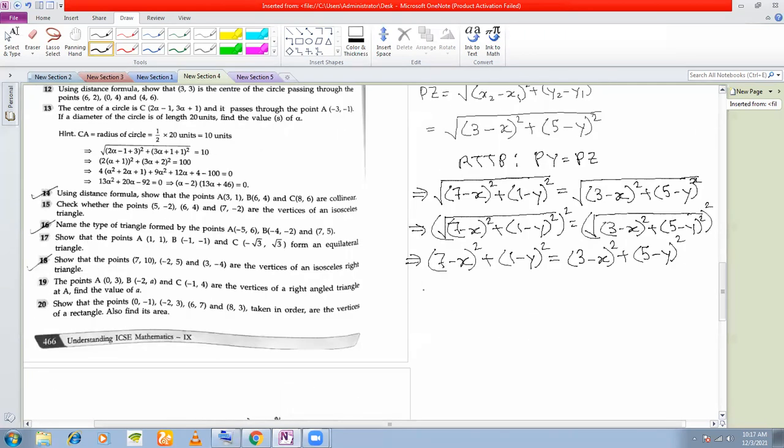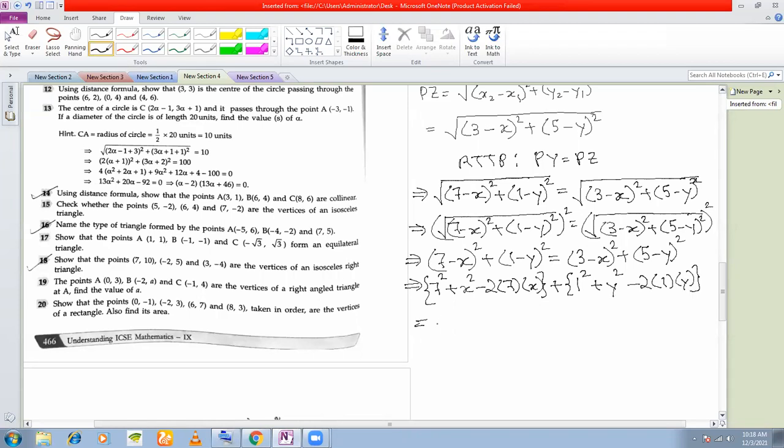Now we'll just expand it here. (7 minus x) whole square will expand by the (a minus b) whole square formula, so this is a square plus b square minus 2ab. For the second one, (1 minus y) whole square, again the (a minus b) whole square formula, a square plus b square minus 2ab.